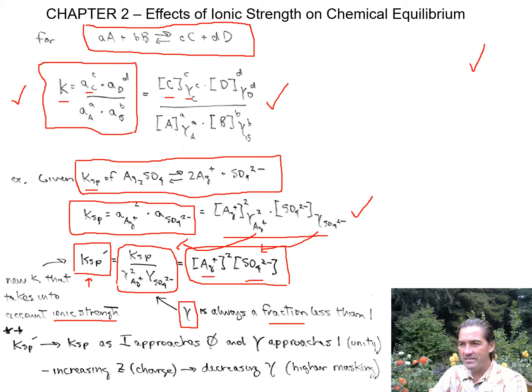And what that means, if K is larger, is that due to ionic strength, the larger K is going to shift the reaction to the right, meaning we're going to have a salt that's now more soluble. Silver sulfate is more soluble as ionic strength increases.